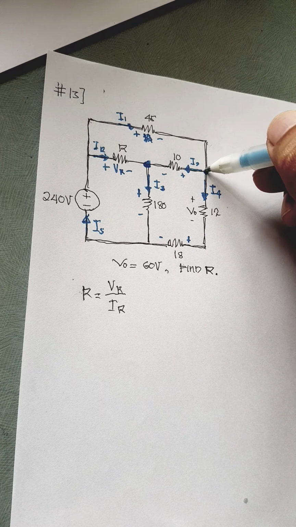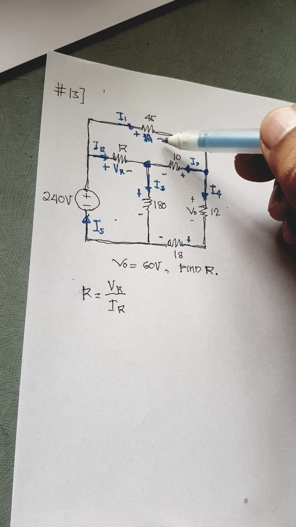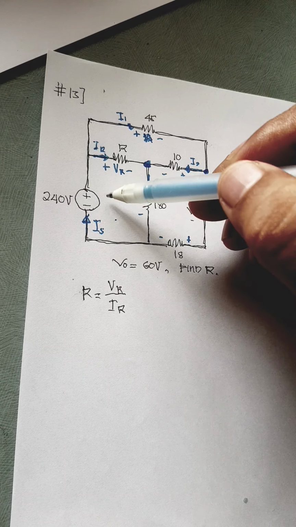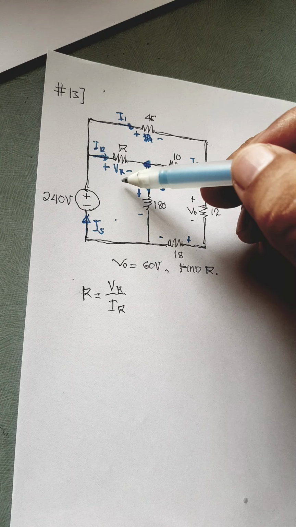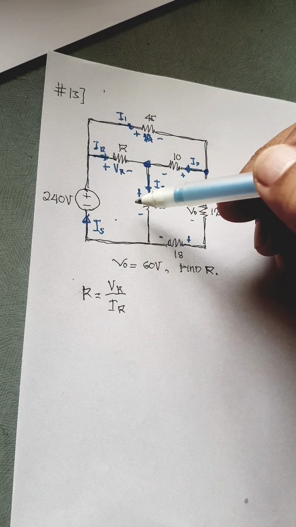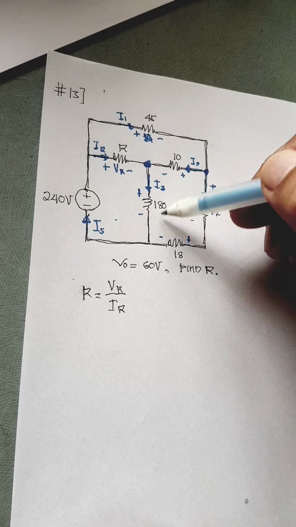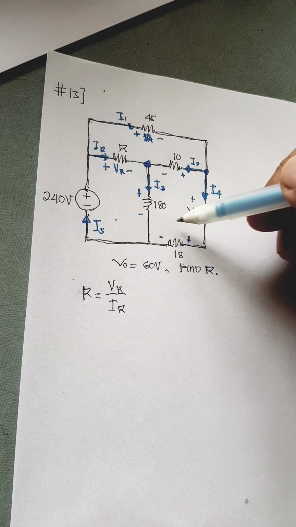And also, if you try KVL, then we are going to determine the loops. So this is one loop. We cannot get anything there because the two voltages across these are not given. Here also, we cannot get anything if you use this loop.